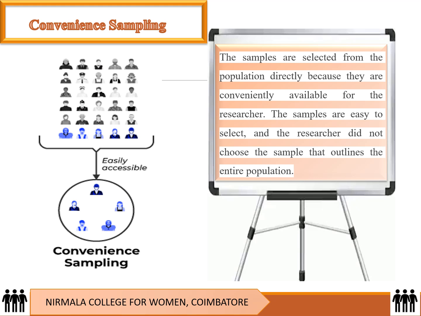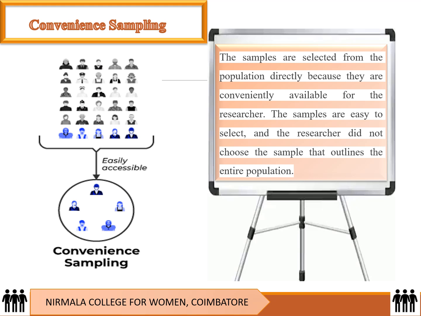Most of the researchers will prefer this convenience sampling. These samples are selected from the population directly because they are conveniently available for the researcher. The samples are easy to select and the researchers do not choose a sample that outlines the entire population.